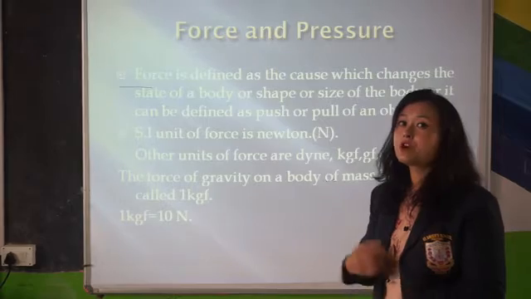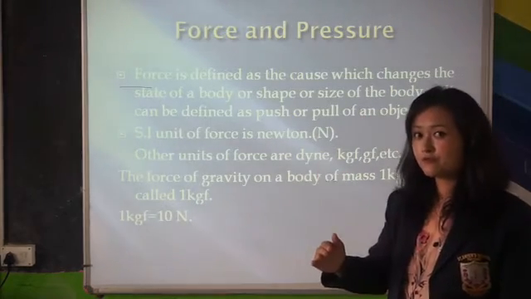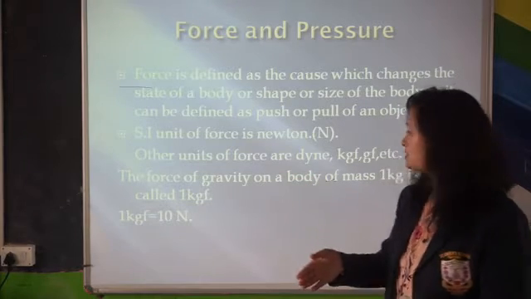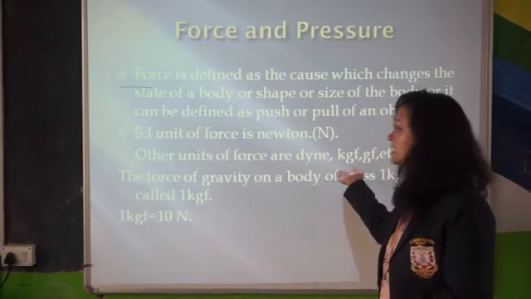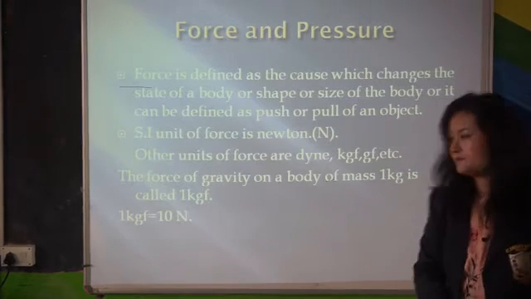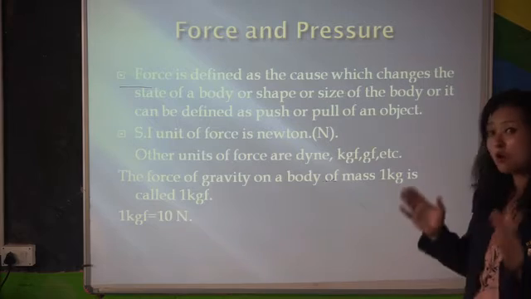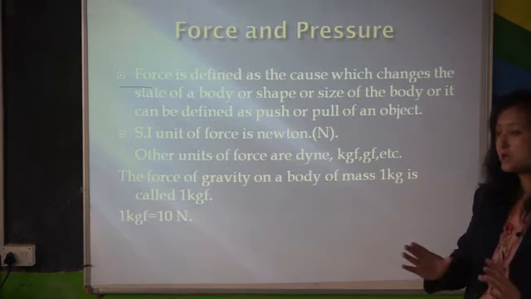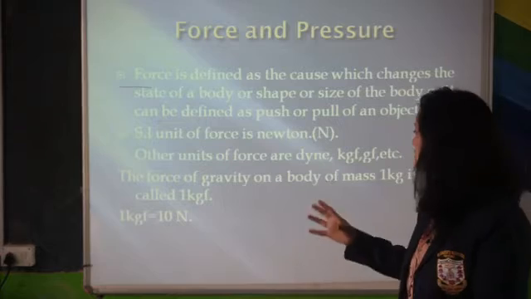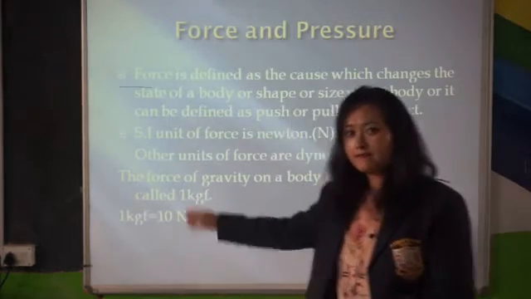The other units of force are dyne, which is the smaller unit than Newton and is the CGS unit of force, kgf and gf. Now what is kgf? The force of gravity on a body of mass 1 kg is called 1 kgf.